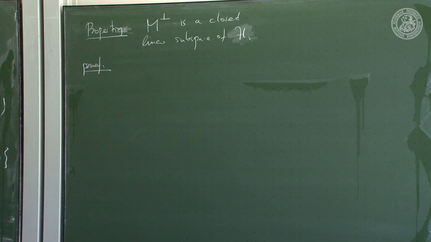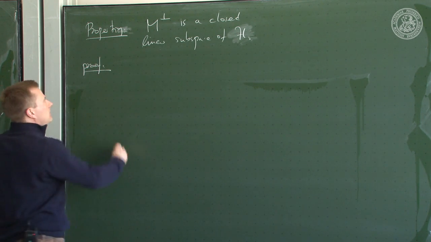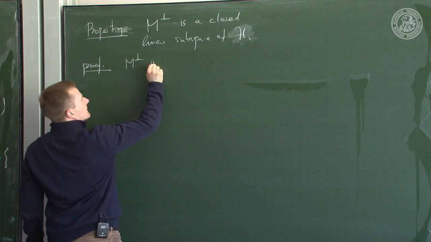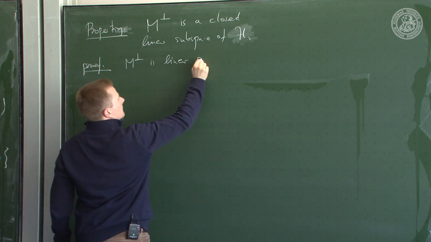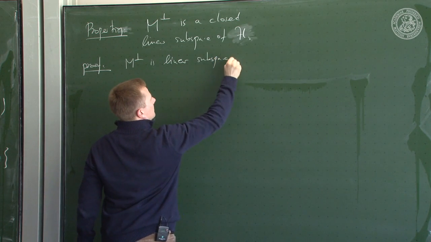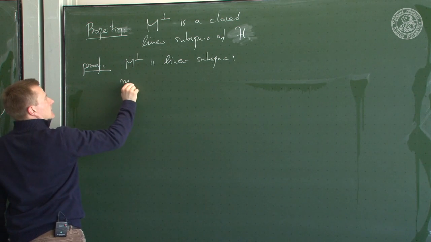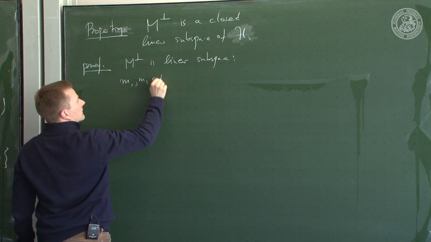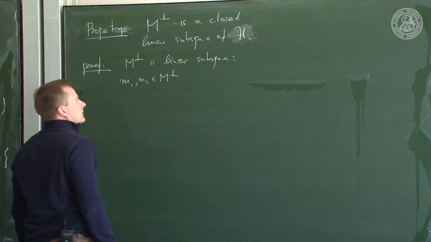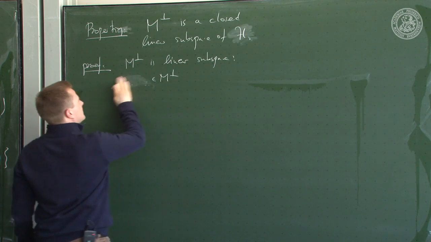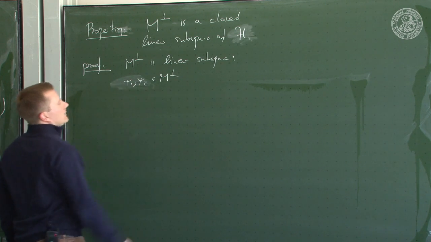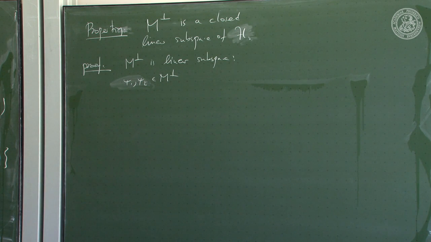Let's see why this is true. Well, let's first check that M orthogonal is a linear subspace. This is very simple because let's take psi 1 and psi 2 in M orthogonal.